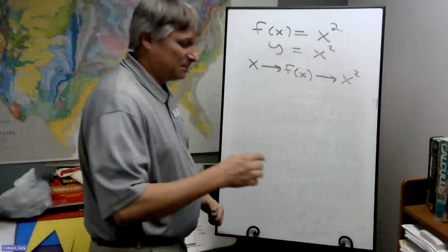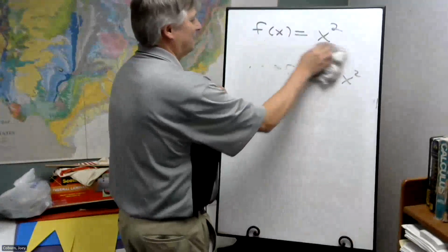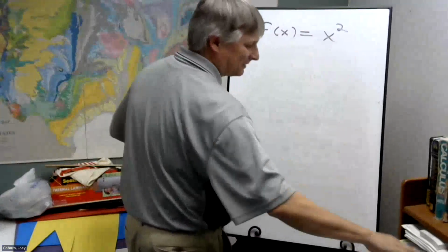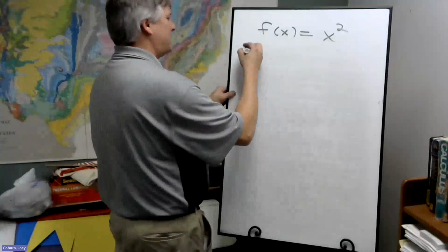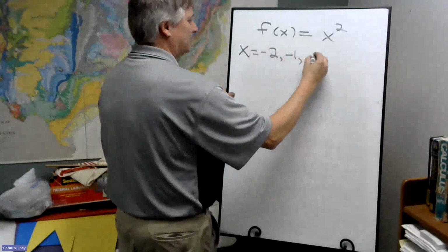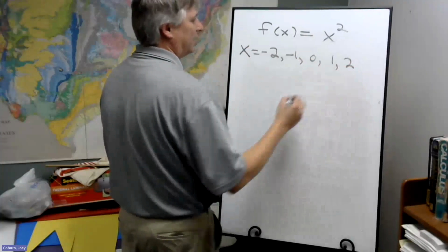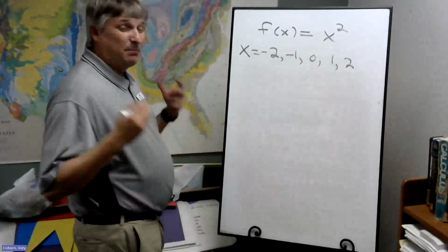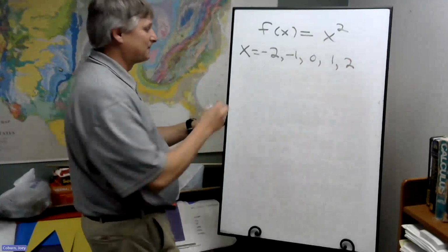Let's do the example. Suppose we have this. We've got our function, and we're going to use x values, say -2, -1, 0, 1, and 2. The best way to do this is to make a chart.